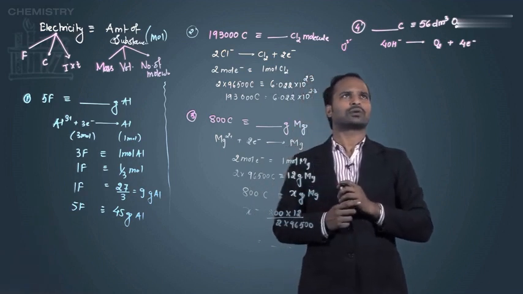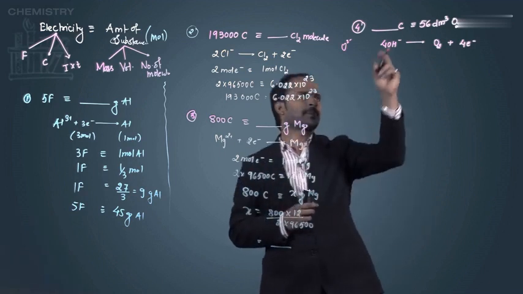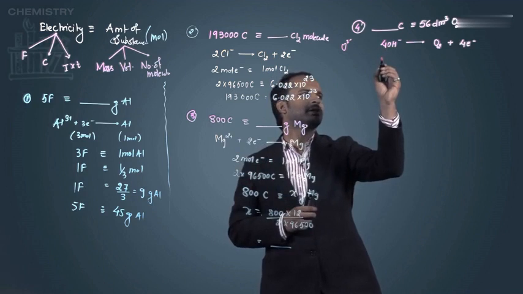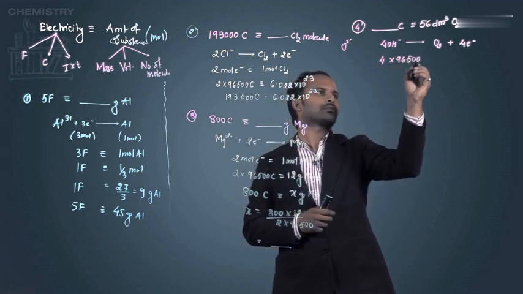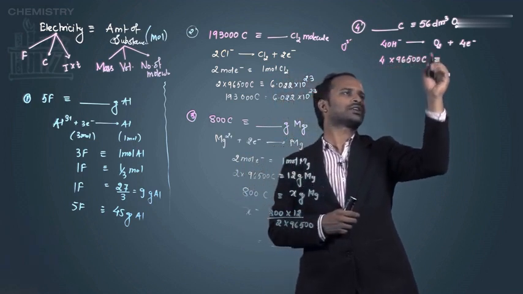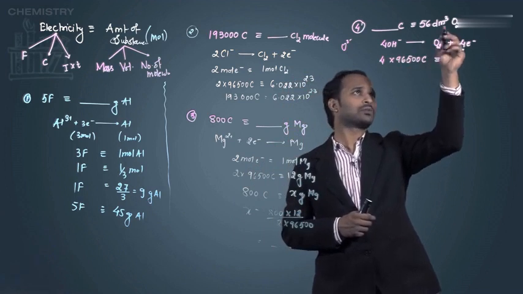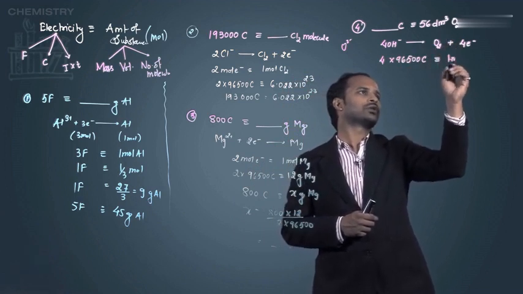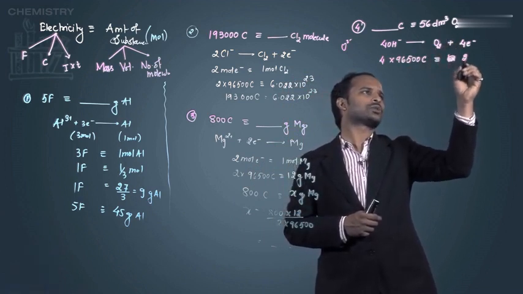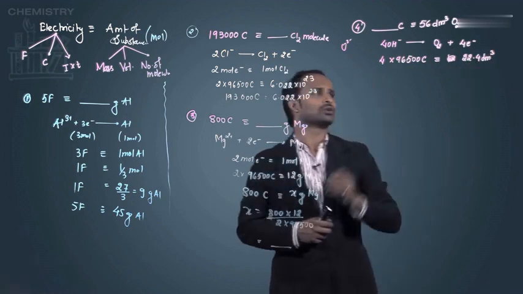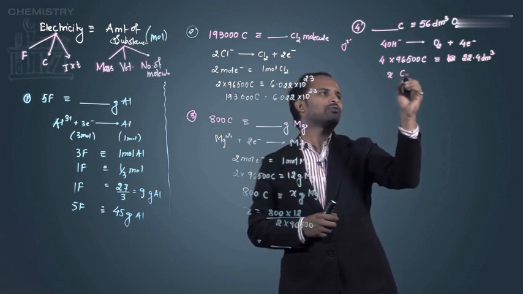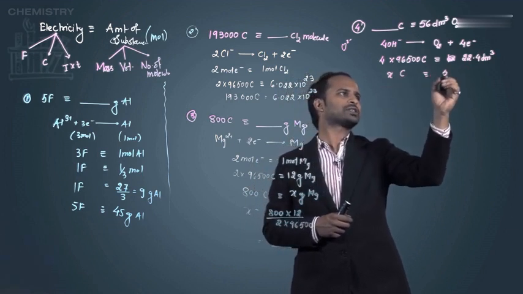So how many coulombs of electricity are required for 4 electrons? 4 moles of electrons means 4 into 96,500 coulombs, equivalent to 1 mole of oxygen. 1 mole of oxygen in dm cube is 22.4 dm cube. So x coulombs will produce 56 dm cube.